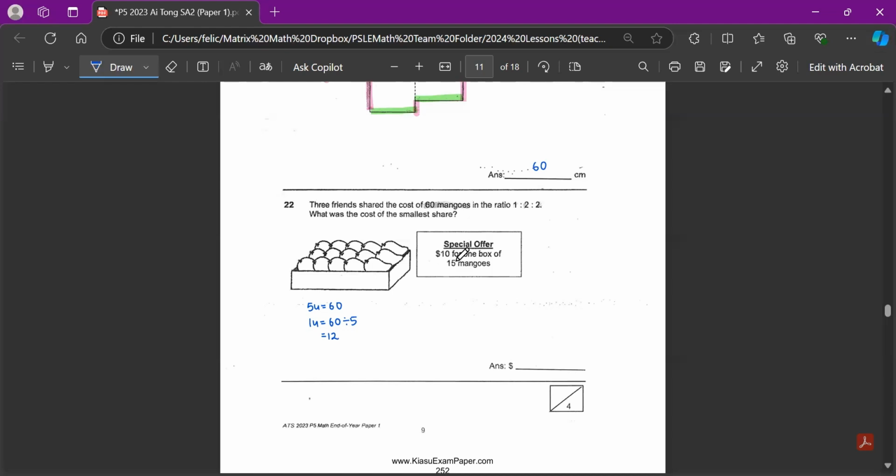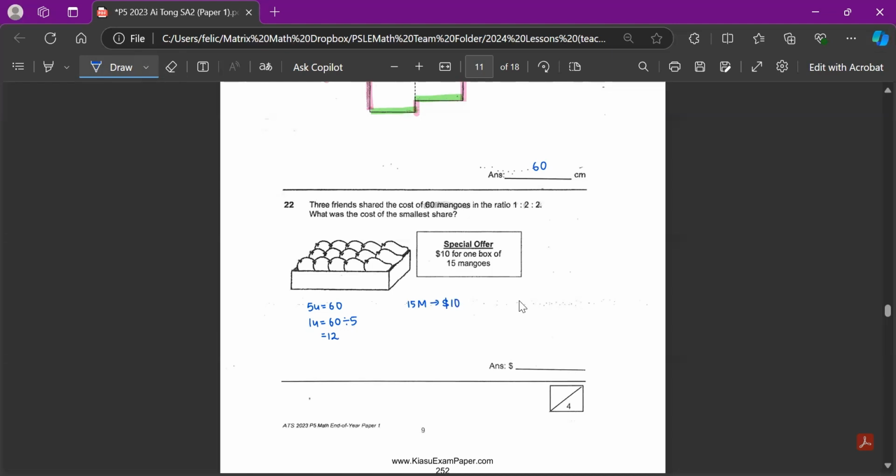So if you look at the special offer here, it's $10 for 1 box of 15 mangoes. Okay, so that's the offer here. Maybe I should write it this way. A box of 15 mangoes, so 15 mangoes is $10.